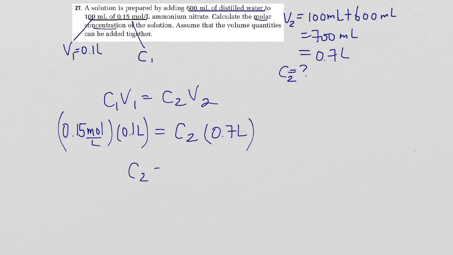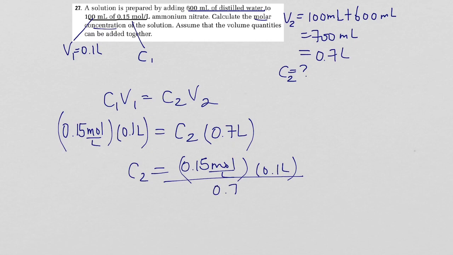So C2 is equal to 0.15 moles per liter times 0.1 liter divided by, we are isolating for this, so we're going to divide that over, 0.7 liters, which is 0.021 moles per liter.